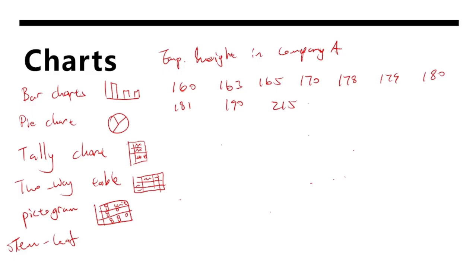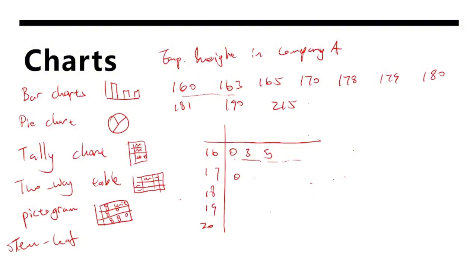Then in stem and leaf, we'll do something like this with, for example, headings 16, 17, 18, 19, 20, 21 written here, and values here will be ordered from small to large. So 0, 3, 5, 0, 8, 9, 0, 1, 0, nothing. So 21, 5.